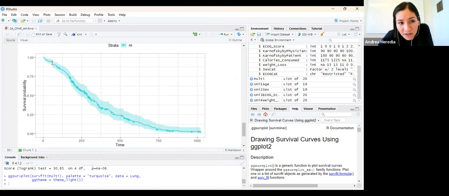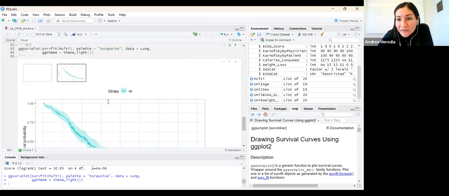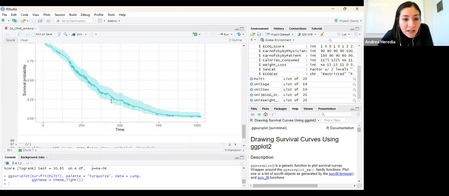Every drop that you see on the graph indicates an event, in this case, death. And every mark on the curves means that a patient was censored at that time. Again, this is only looking at our reference category, males.